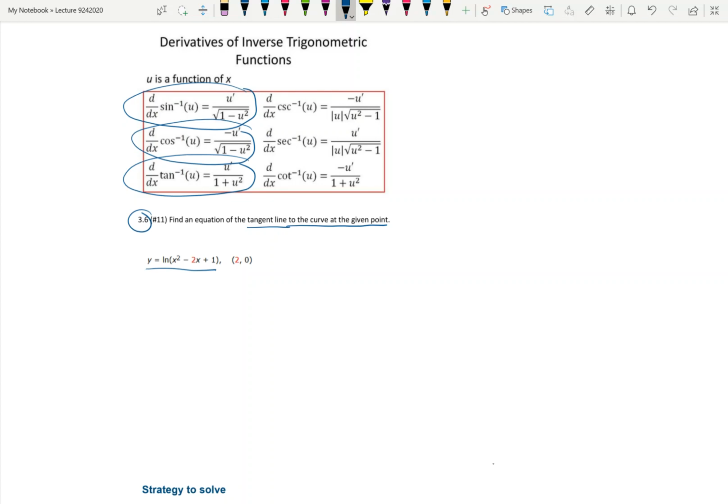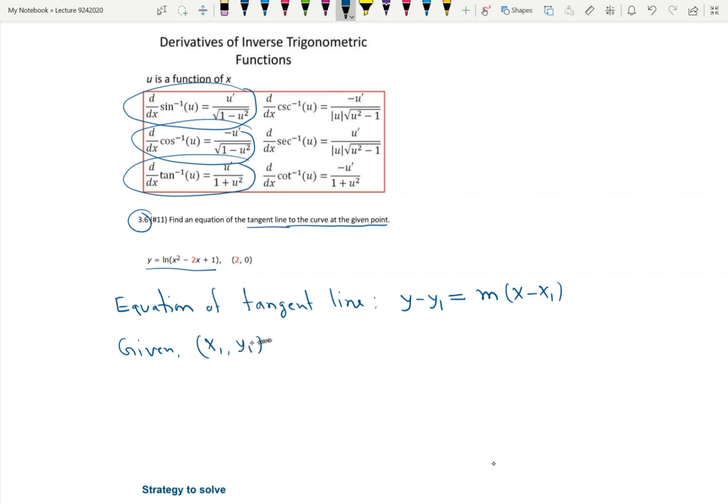Okay, so we know the equation of a tangent line, y minus y1 equals m times x minus x1. We have already been given x1, y1 as 2, 0.